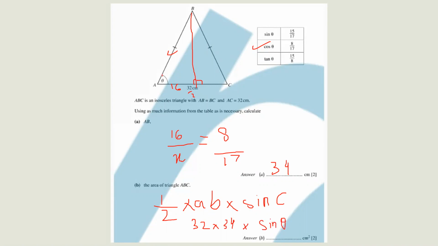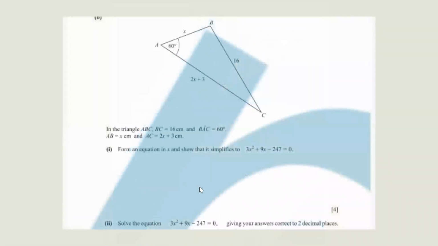I don't know what theta is, so I'll just use the value for sine theta, 15 upon 17. And so half into 32 into 34 into 15 upon 17 will give me the answer for area.